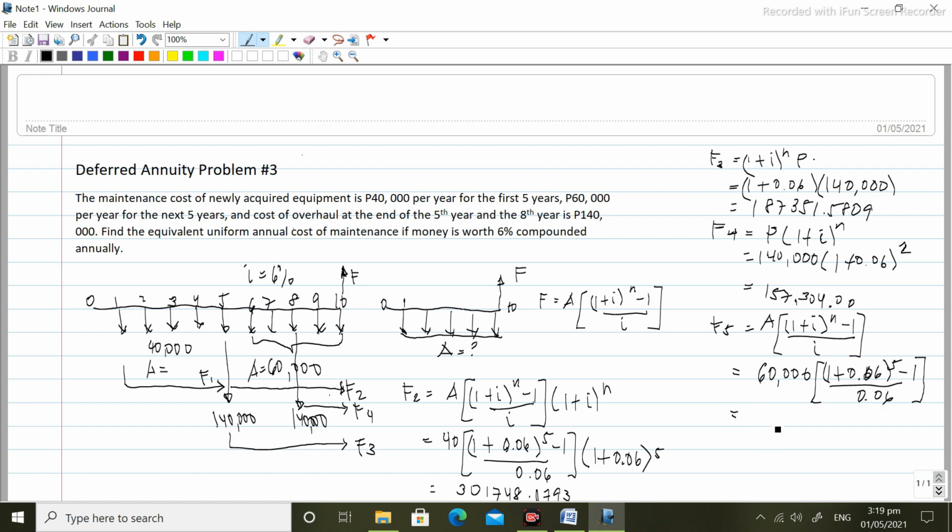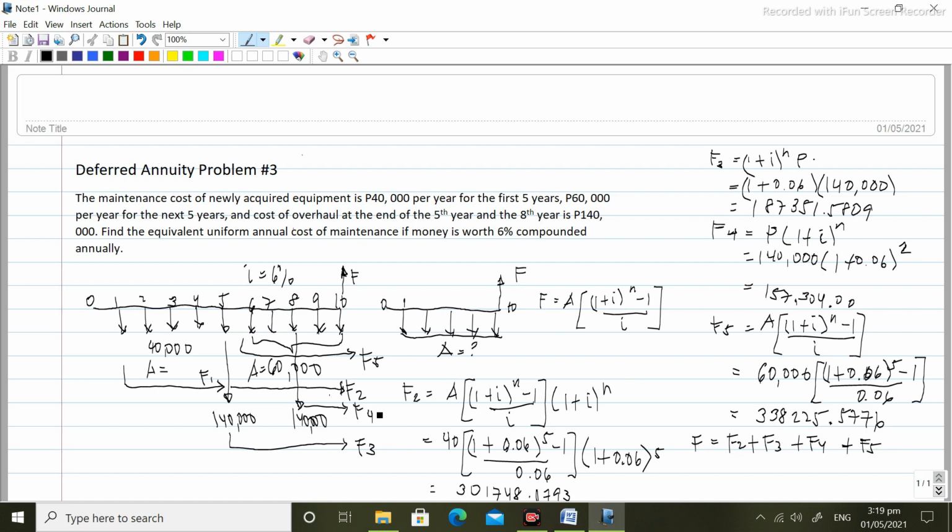F5, meron tayong value na 338,225.5776. So, ito lahat yan, convert natin sa F5. Then, ang mangyayari, ito, yung F is equal to F1 plus F2 plus F3 plus F4 plus F5.